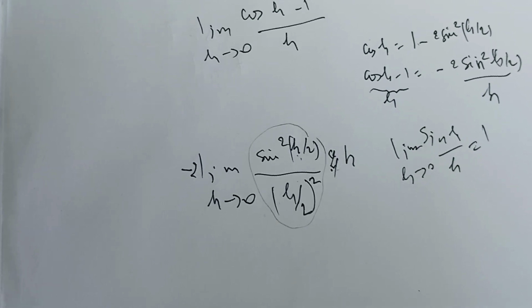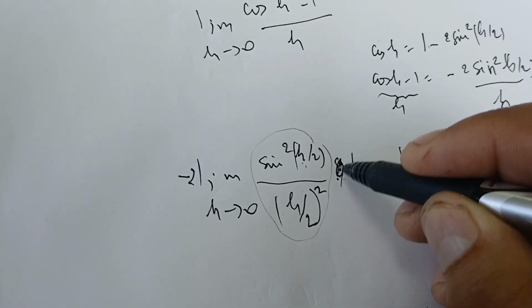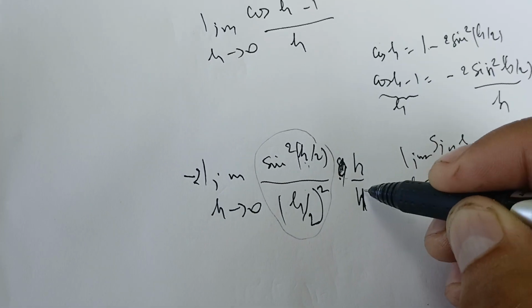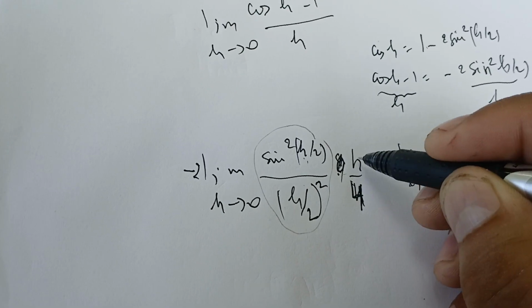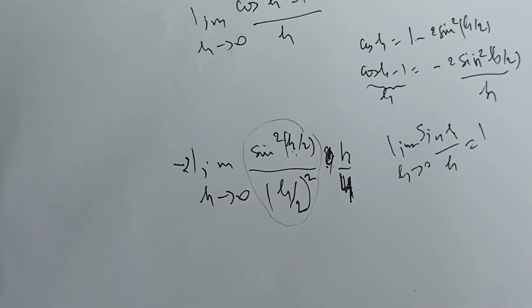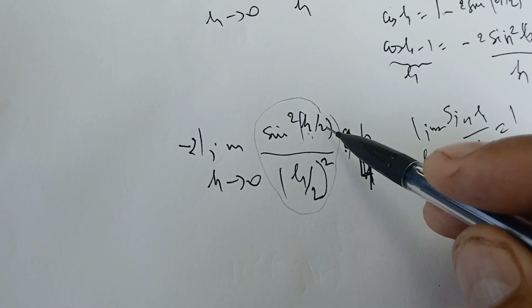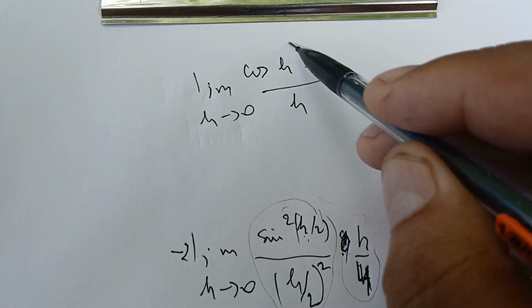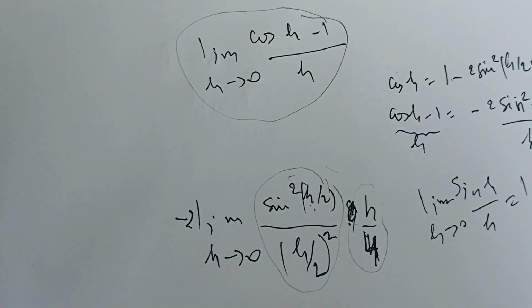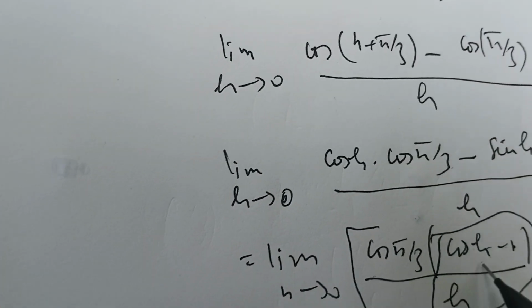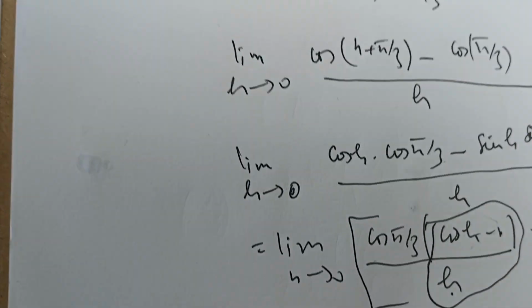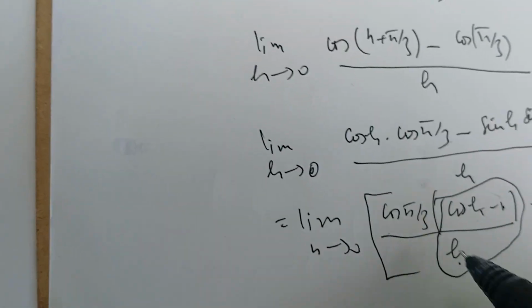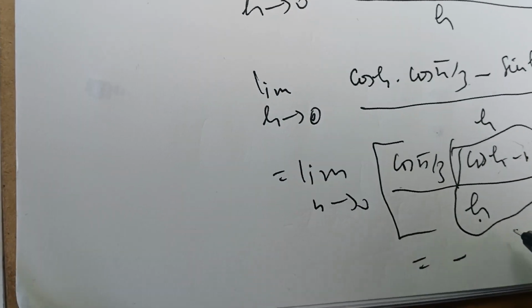Sorry, it is h over 4, not 4h. So here this is 1 and this is 0. So this limit goes to 0.